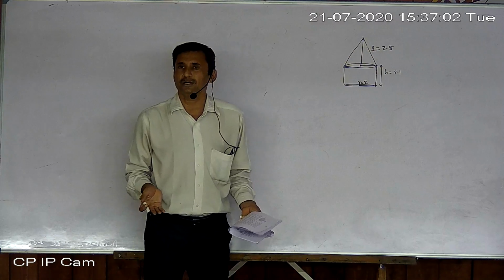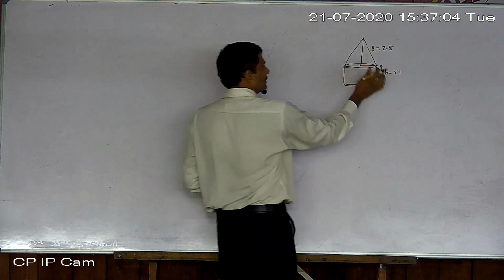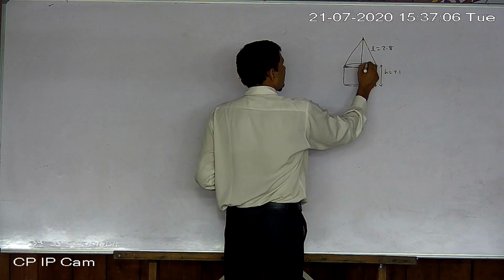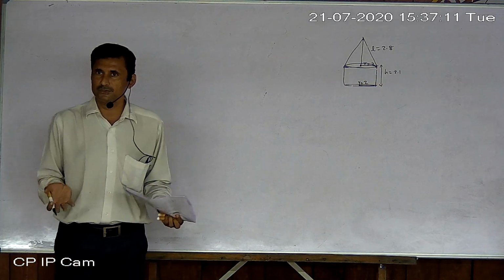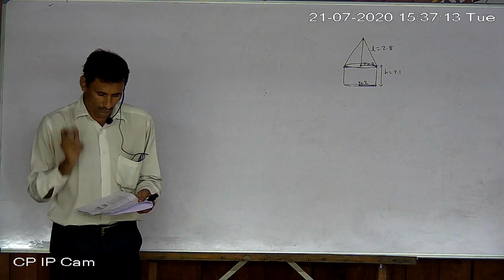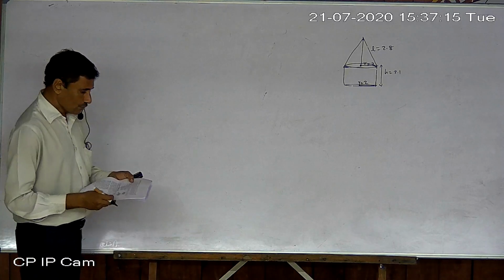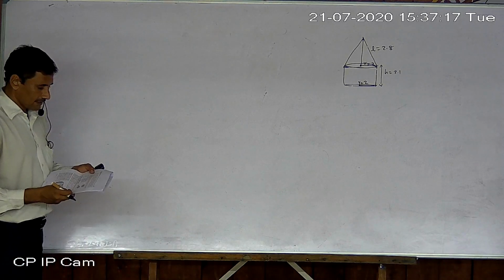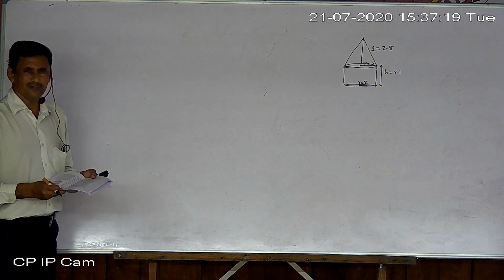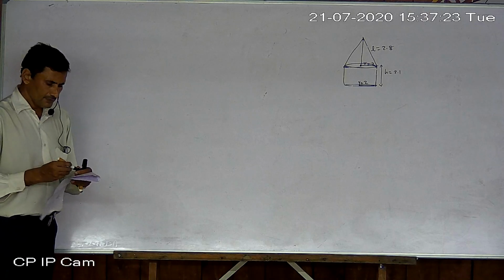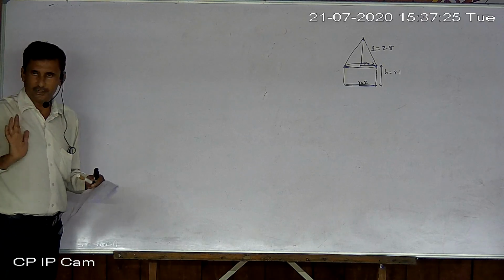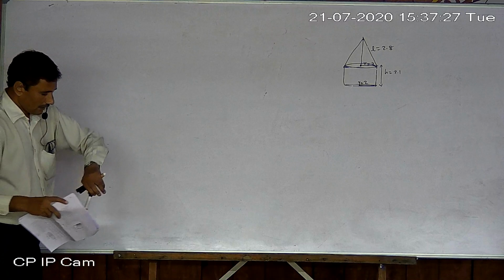We want slant height only, not height. And radius also given. So everything is given directly. No measurement is missing here. So that's a positive point for us. Now, also find the cost of the canvas at the rate of 500 per meter square. That is later part. After getting area, you just multiply by 500. So total cost you will have.